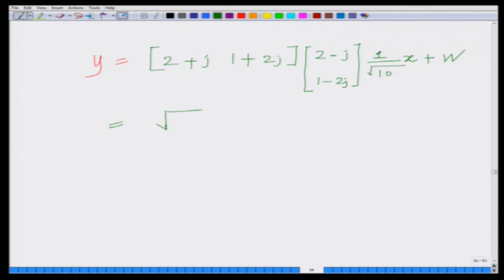So, I get square root of 10 times X plus W.